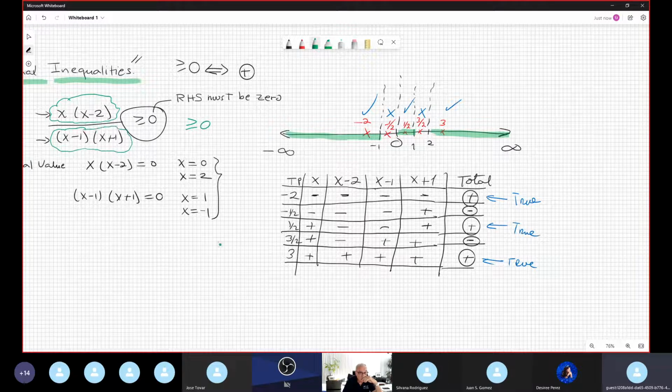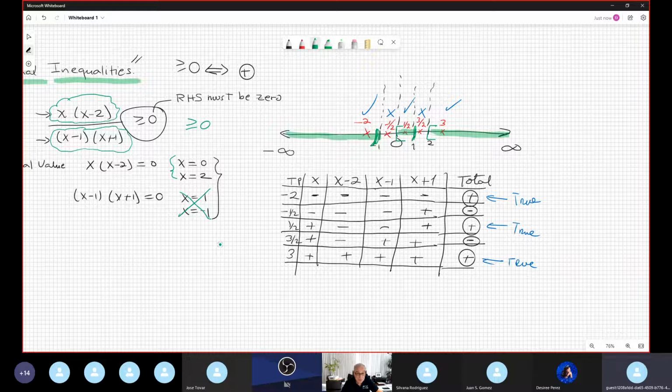So you include only the 0 of the top inside the solution. So in other words, this guy, and this guy, no. Therefore, this is parenthesis here, at negative 1 and positive 1. And the rest: 0 is bracket, and 2 is bracket.